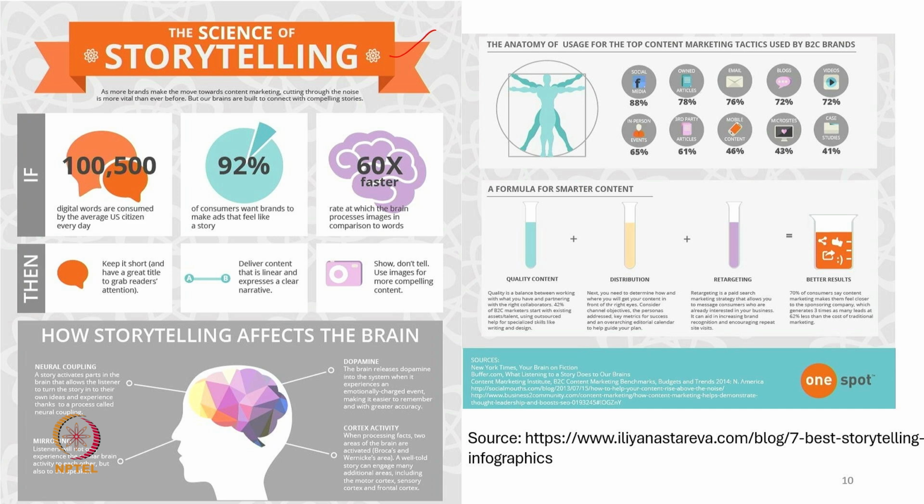Here, the infographic presents how storytelling affects the brain, the anatomy of the usage of the top marketing tactics, and also a formula for smarter content. This way, infographics can be used for visualizing the stories of research.